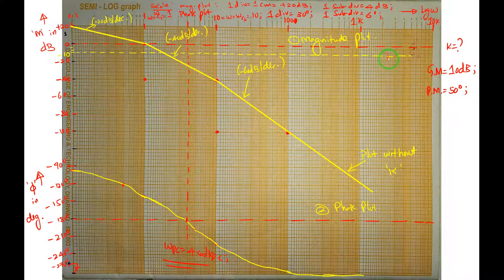This is nothing but G, because GM equal to 10 dB, right? So from 0 dB I come 10 dB down. So this is GM, gain margin. Gain margin they have given, it is 10 decibels. And if I measure gain margin below the reference line, it is positive. So plus 10 dB, it is correct, right? Whatever I marked, their gain margin is 10 decibels.